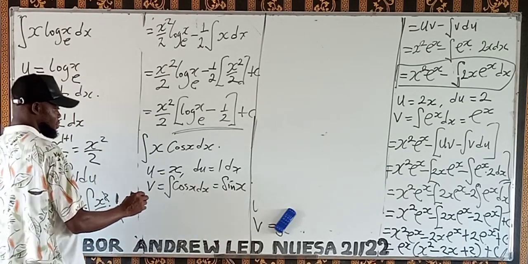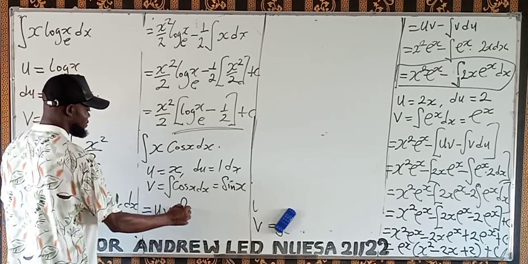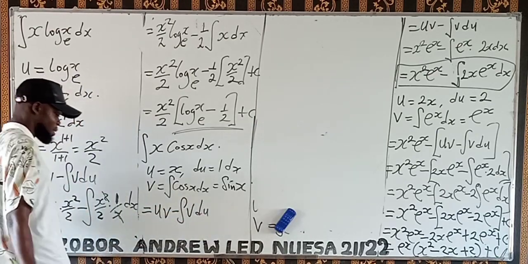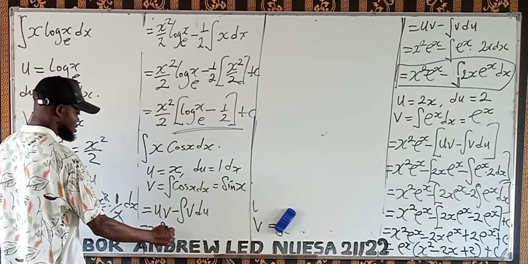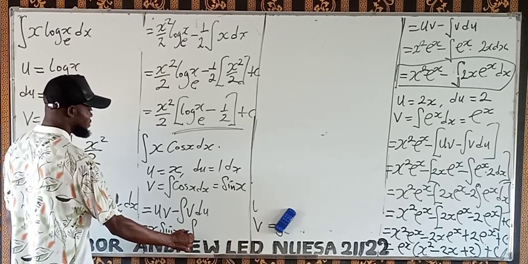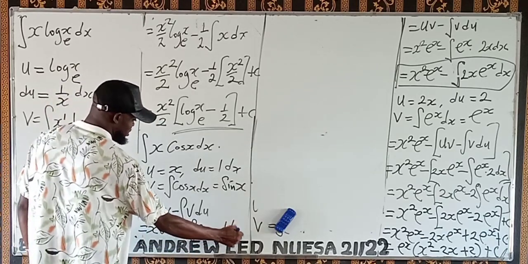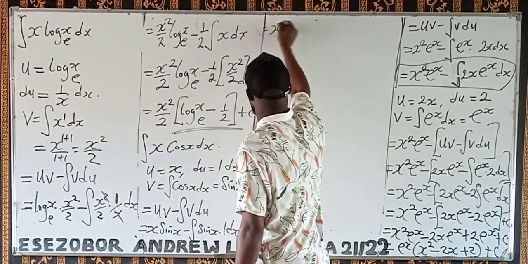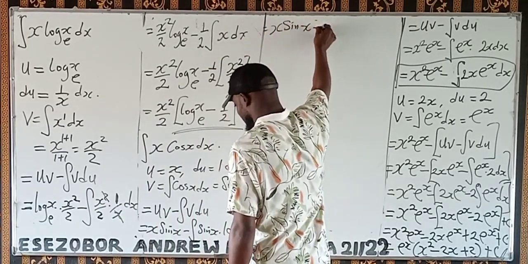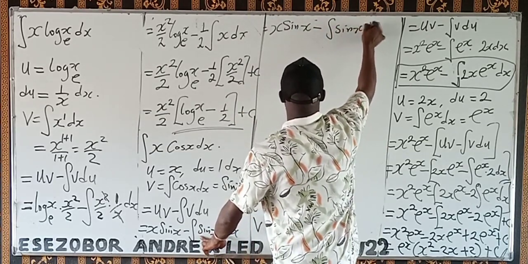So the answer will be uv minus integral v du. What is u? x. What's v? sin x. Minus integral v du, which is sin x times 1 dx. So from here we have x sin x minus integral sin x dx.